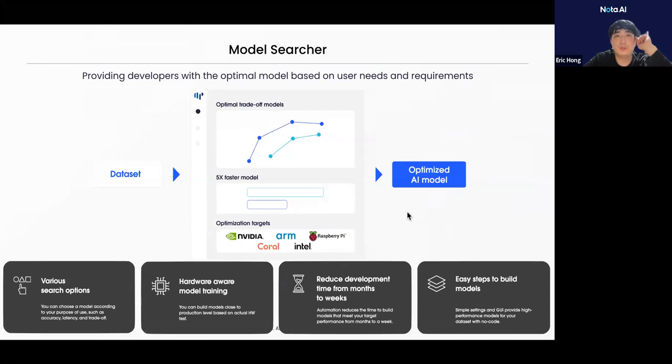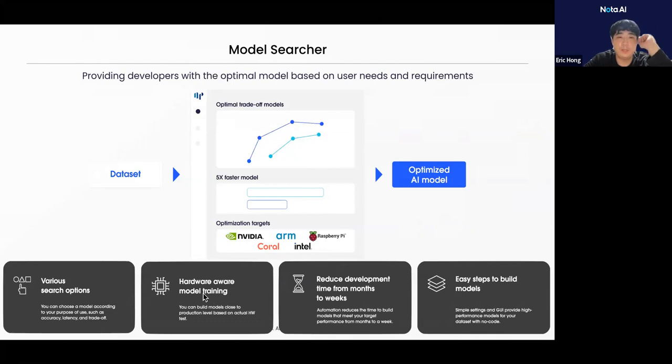So the model searcher has a neural architecture search engine inside of it. The input is a data set, and the output is an optimized, small AI model. It supports various search options, and it's hardware-aware training.